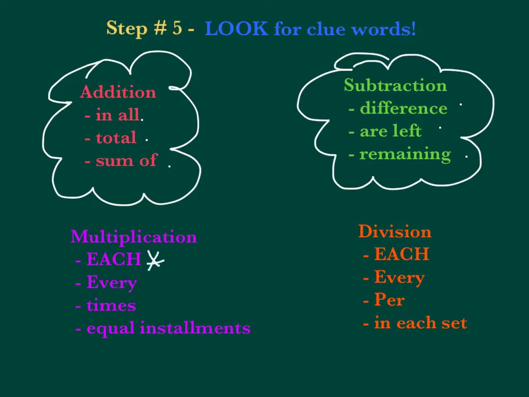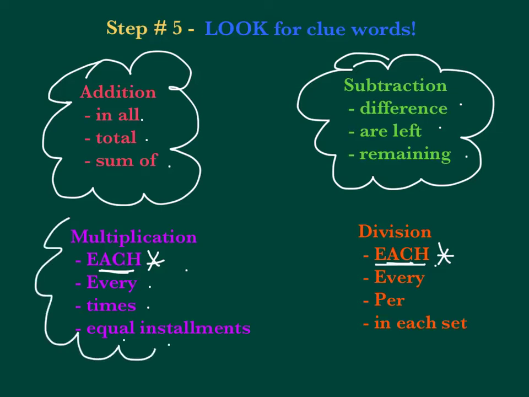If you see words, here's the big one. I love this one. If you see the word each, it is going to tell you that you are either going to multiply or divide. A lot of the multiplication and division clue words are the same. Each is a very big clue word. Multiplication clue words include each, every, times, or if they ask you to find equal installments.